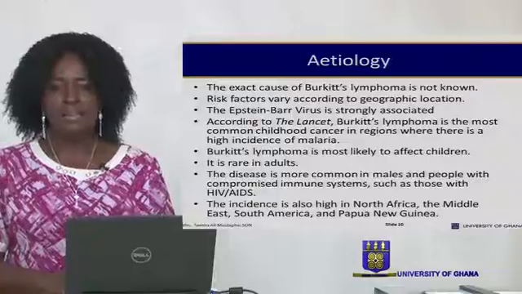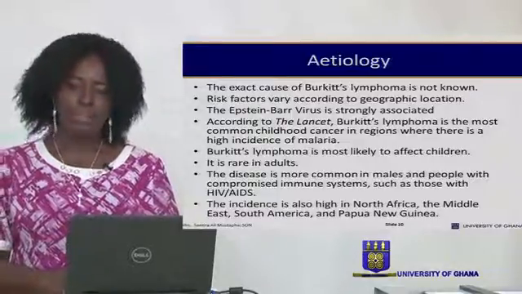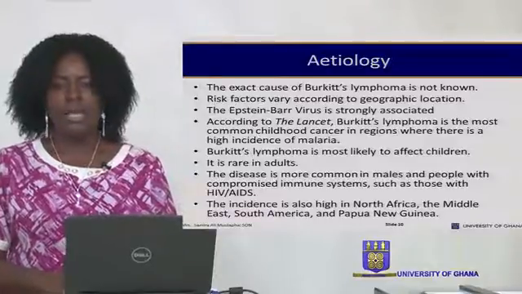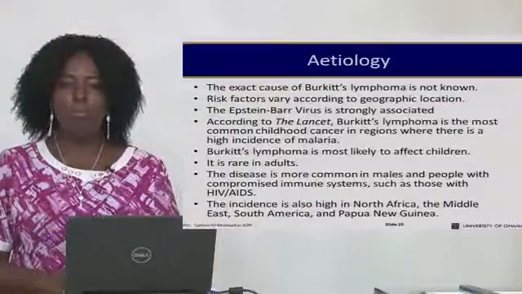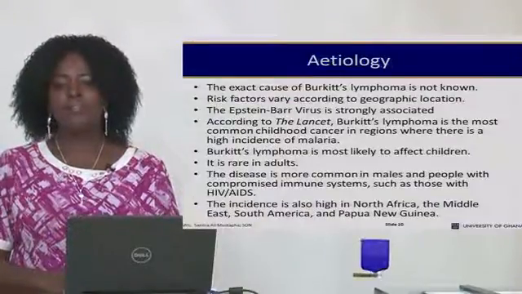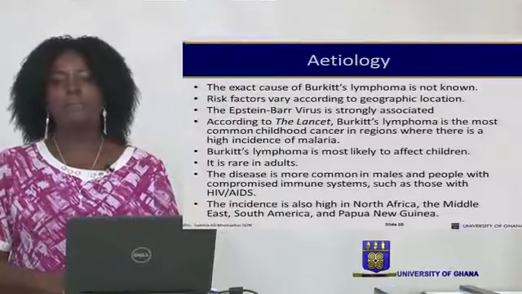And we are saying that it is also more common in children in Africa than in adults. Males are more affected than females. Patients with HIV and other immunosuppression also have this condition. And this is more common in northern parts of Africa, in the Middle East, in South America, in Papua New Guinea.